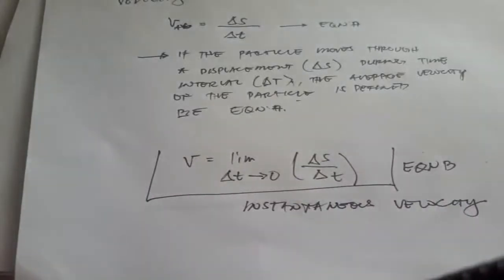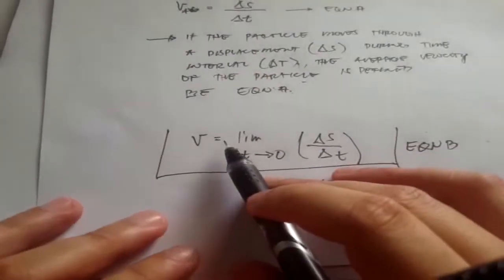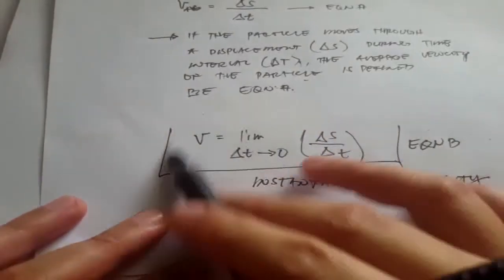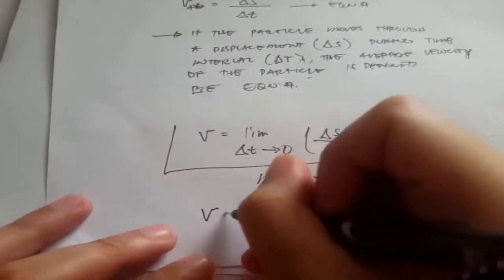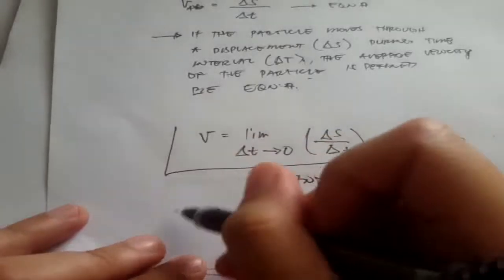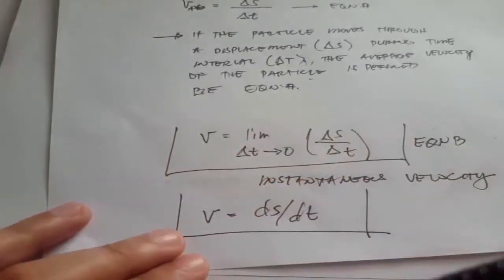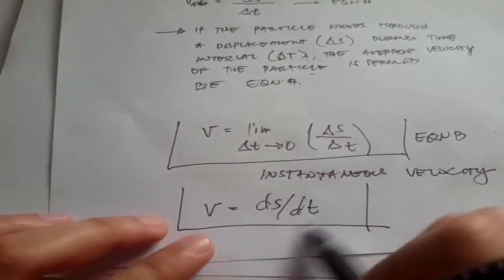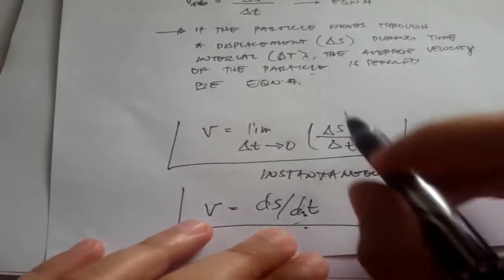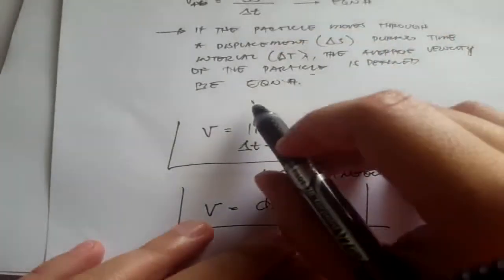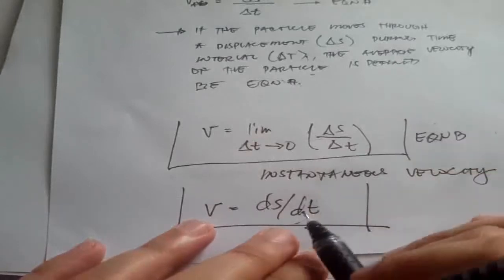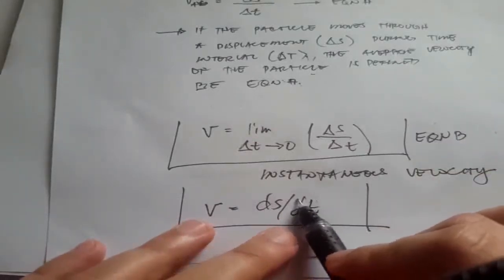Okay. Or if we use this in an algebraic form, but if we use our calculus, we can define this as ds over dt. Okay, since your delta t here or your time here is always positive, since you always count your time from 0 up to increasing values, and you don't use time like say negative 2 minutes.